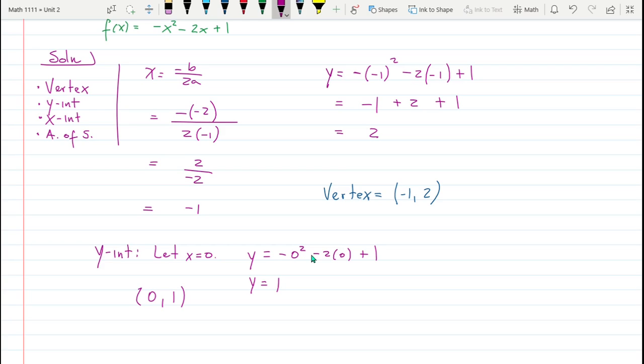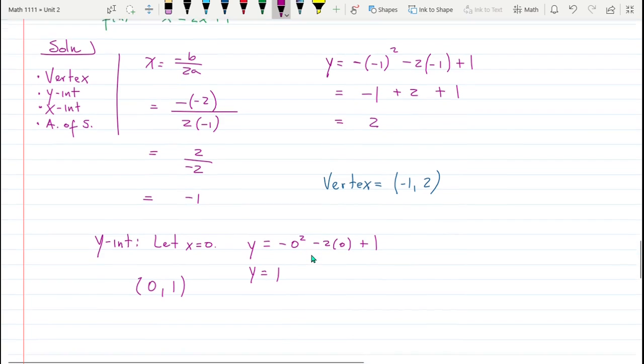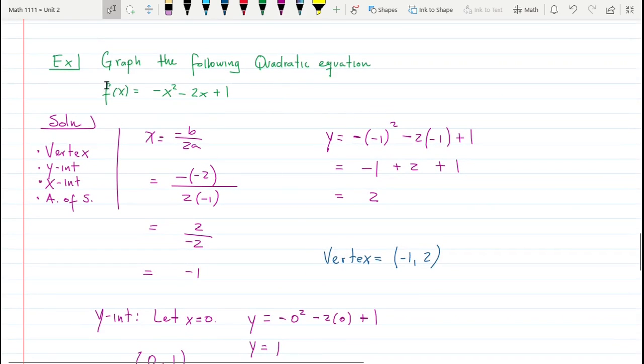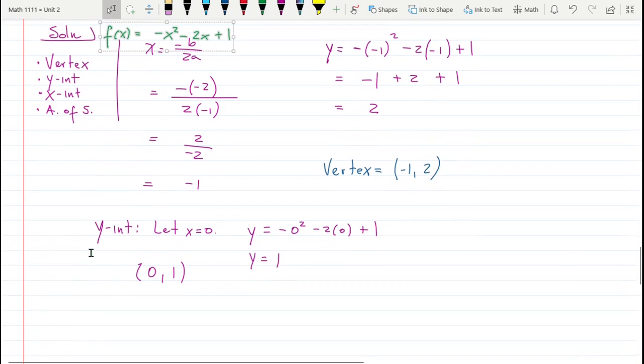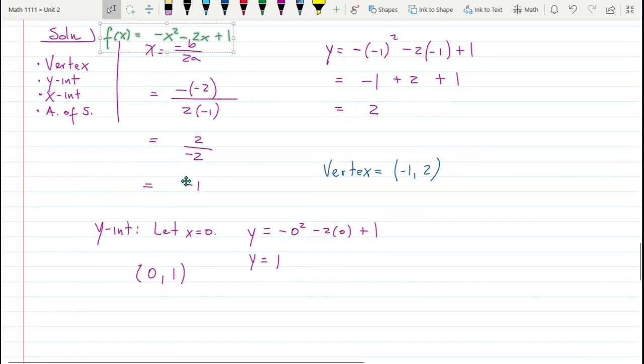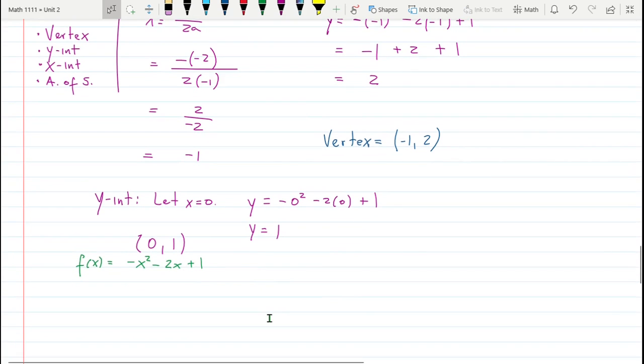The following is going to be a little bit more tricky. So let's see, this is the equation, and we want to figure out the x-intercepts. First we're going to set it equal to 0.